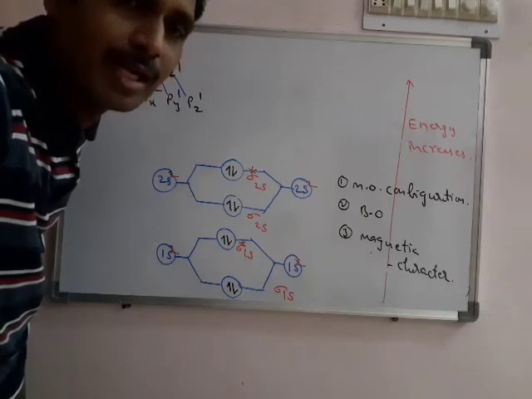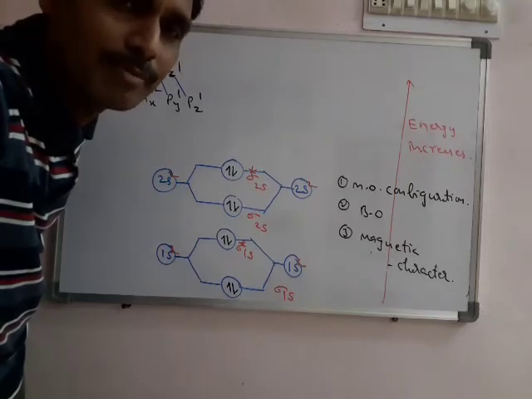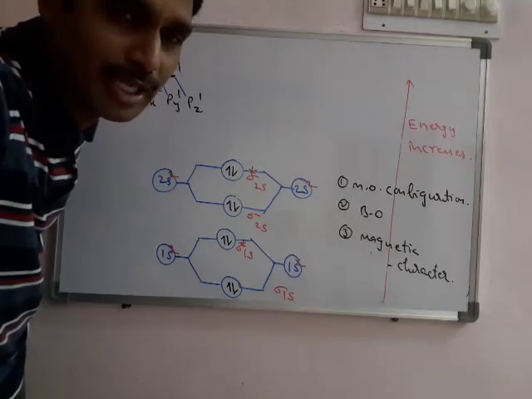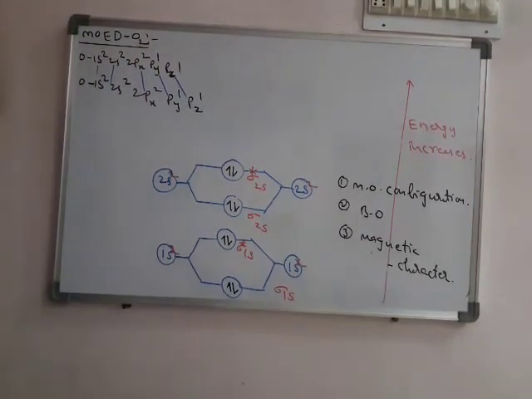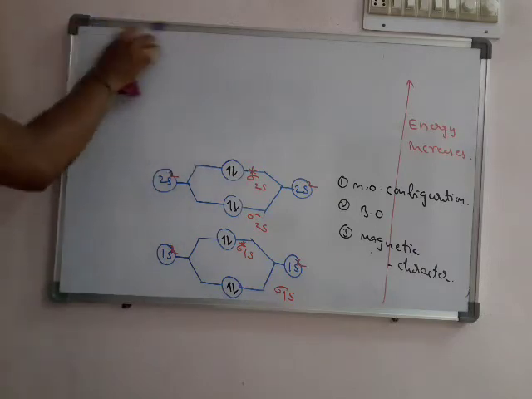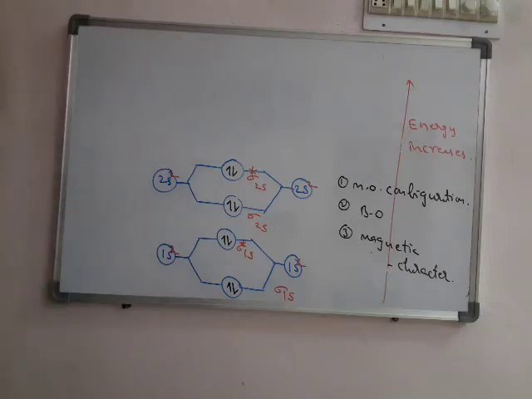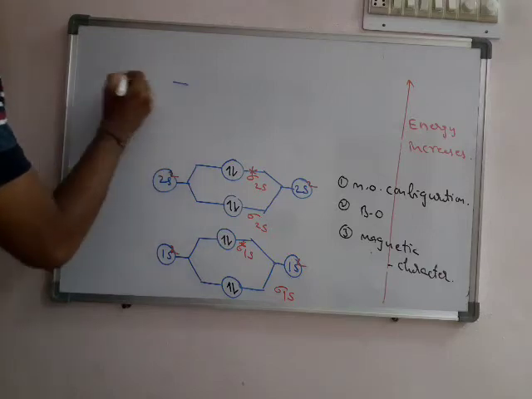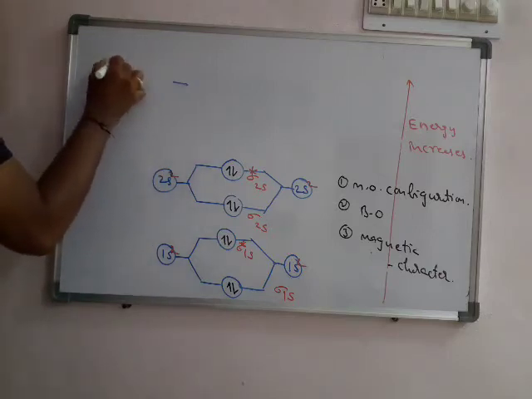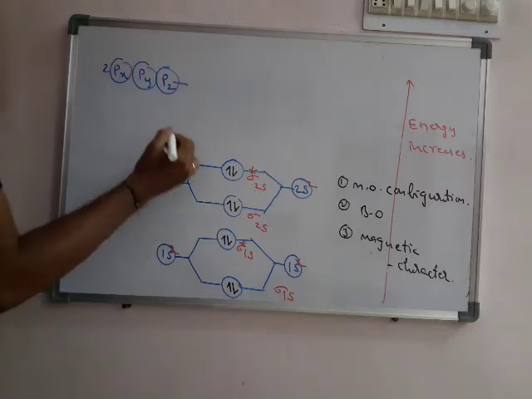When you compare the energy levels of molecular orbitals below 14 and above 14 electrons, here is the combination of 2px, 2py, 2pz. The place is not sufficient, so again 2px, 2py, 2pz.